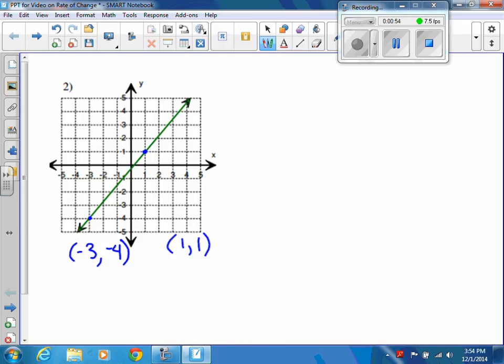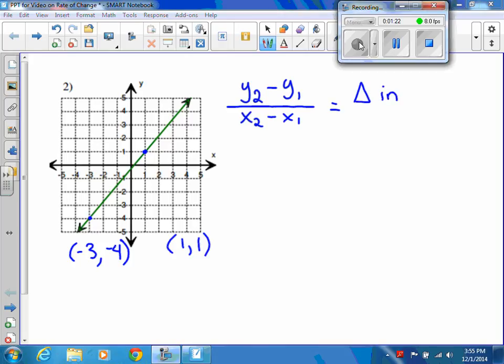All right, so now that I have my 2 ordered pairs, I just need to figure out what is my rate of change between those 2 points. So we have a formula that we need to make sure we're remembering. It's going to be y2 minus y1 over x2 minus x1. There's a couple ways you might see this set up as well.